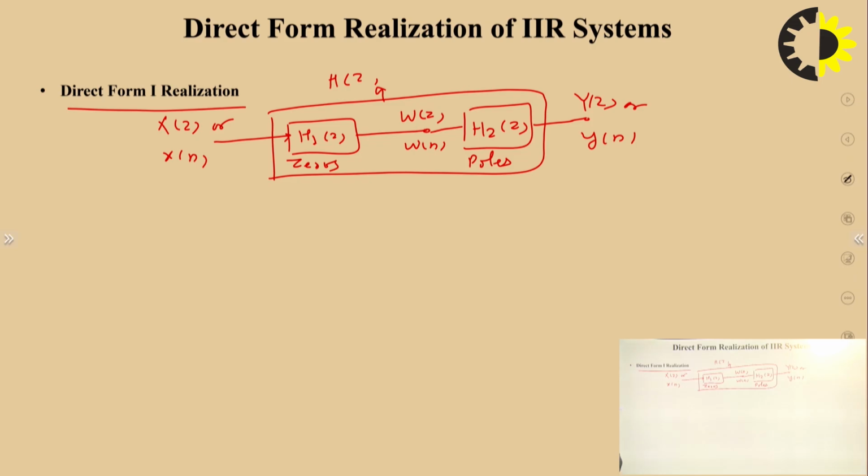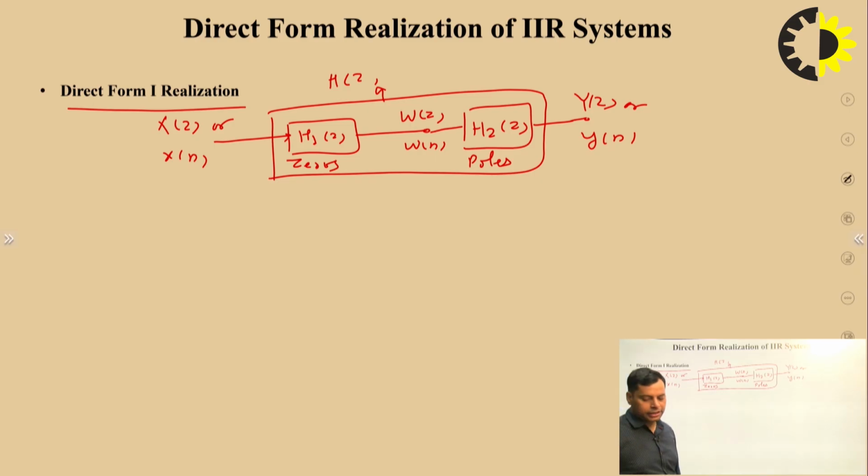So that means when we are realizing any IIR filter with the help of direct form 1, first of all we have to design the zeros, sorry, first zeros. After that, we can design the poles.